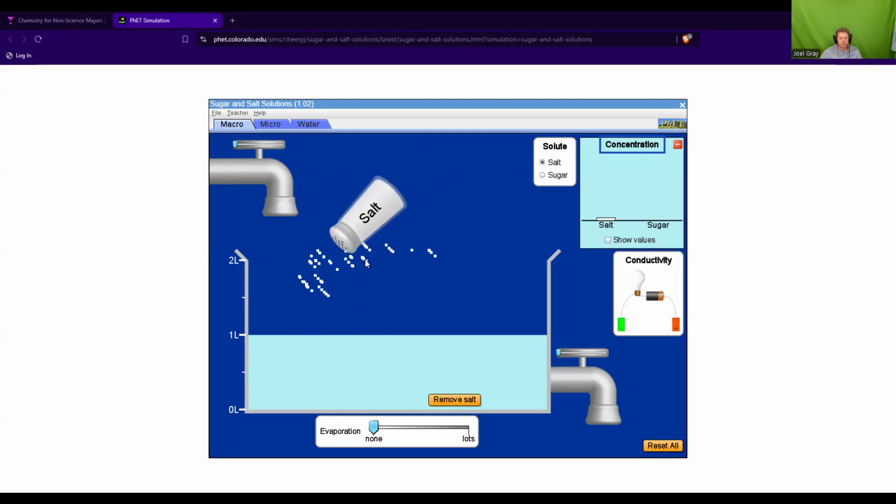I'm going to shake it like a salt shaker, and the salt level is going up. Now, when you have an ionic solution, which is what you would make from salt dissolving in a polar solvent like water, you can actually conduct electricity with that.